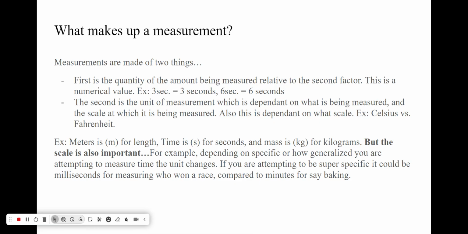If you're attempting to be super specific, it could be milliseconds for measuring who won a super close race. Compared to baking, which you'll usually measure in minutes because nobody wants to time baking a cake by the second.